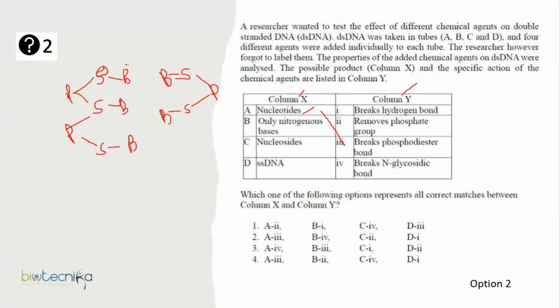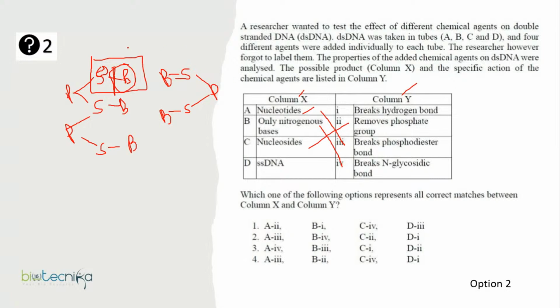If you only want the nitrogenous base, you have to break this bond. What is this bond? It is a glycosidic bond. If you only want to get the nucleoside, that is the sugar and the base, then you have to break what? The phosphate. You have to remove the phosphate groups.